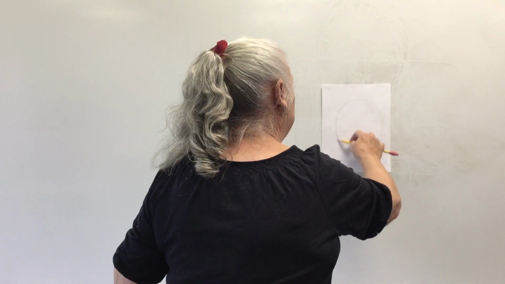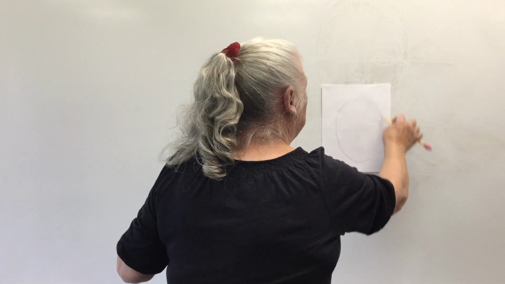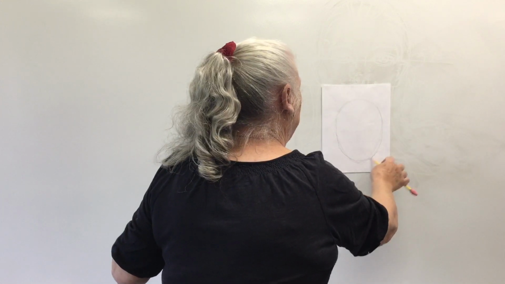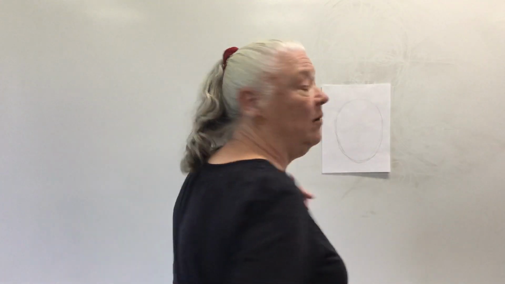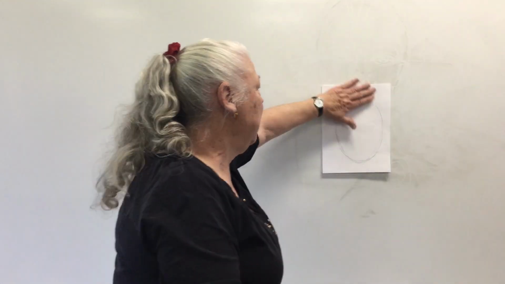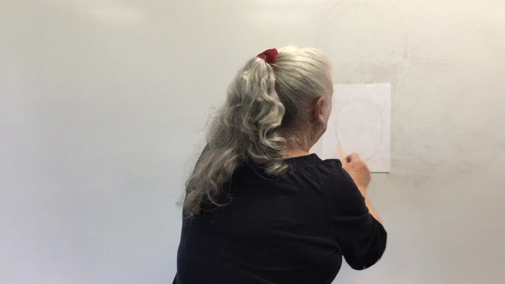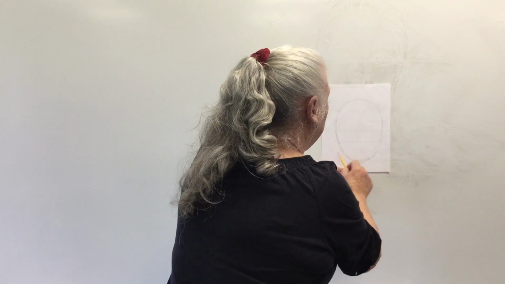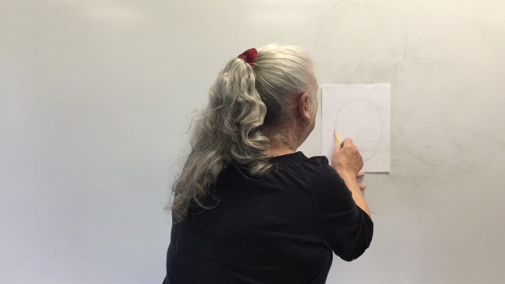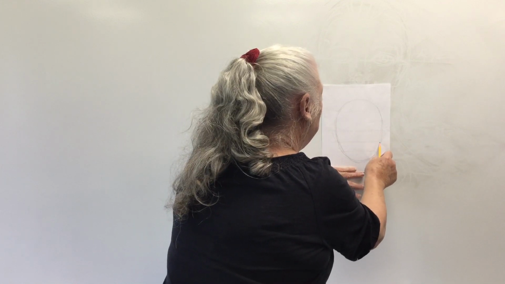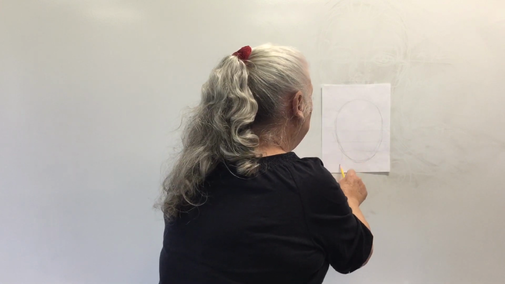So I may come down here and make mine much rounder, okay? Now the next thing I want to put in is where the eye line is, very lightly, because we'll erase it. Then the nose line, the mouth line, put in where the ears go so you know where they're supposed to go, and the neck.